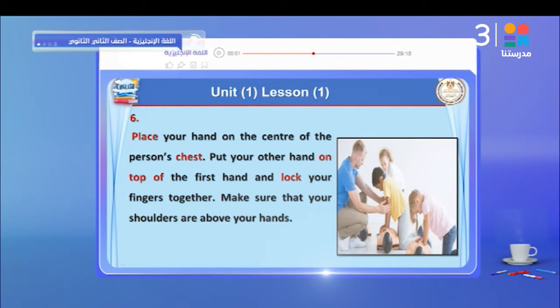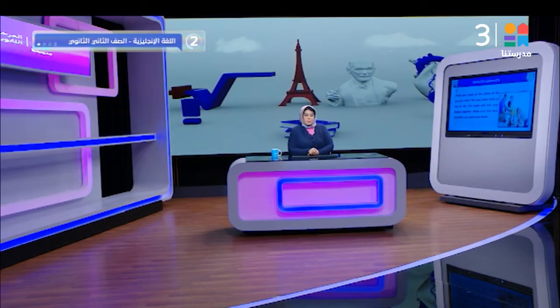Okay? معناه يقفل حاجة. فهنا you lock your fingers. هتقفل صوابعك. Okay? Together على بعضهم كده. Like in the picture. Make sure that your shoulders are above your hand. Shoulders بتاعتنا لازم تبقى above our hand. يعني أمد الشولدرز بتاعتي to be on the same level of the hand above it. Okay? So this is the way you perform CPR.